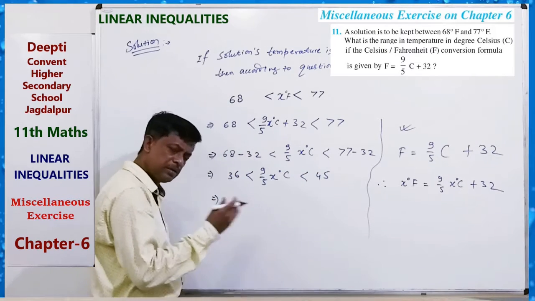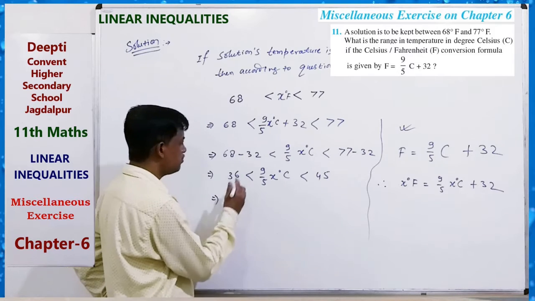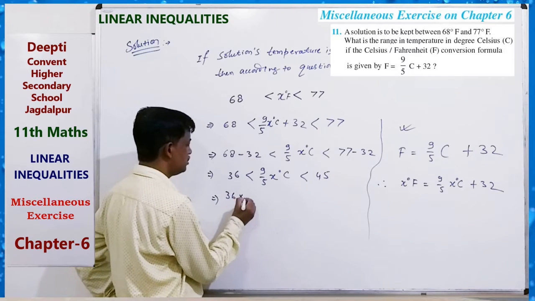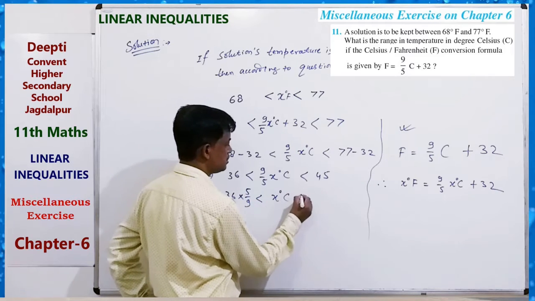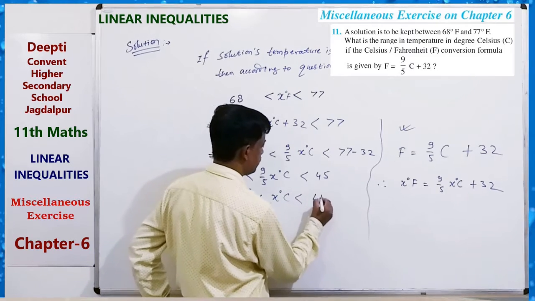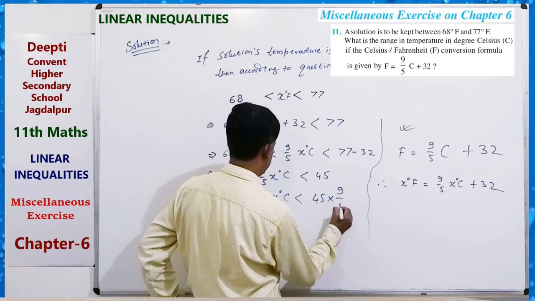Now multiply these three places by 5 by 9. So 36 into 5 by 9 is less than x degree Celsius is less than 45 into 9 by 5.